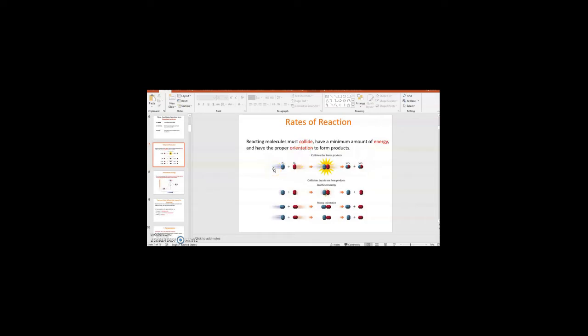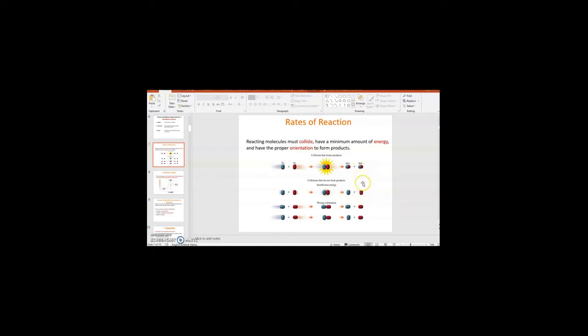So what we need to know now to compare is those three reactions. We'll go one by one and test the conditions: collision, orientation, and energy. So here, those two have the correct orientation, but this yellow is the collision, so there is no actual collision. So the products are not correct.